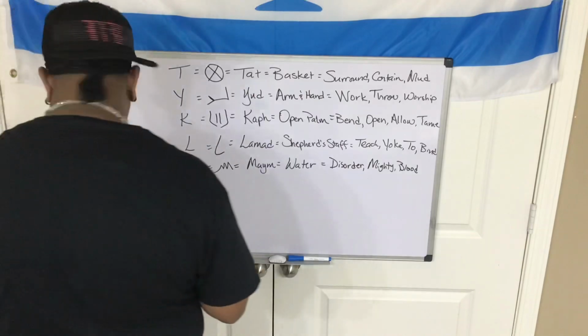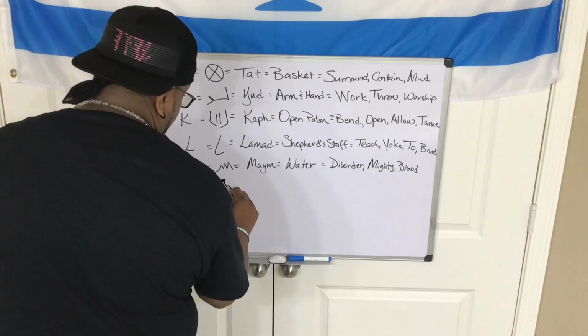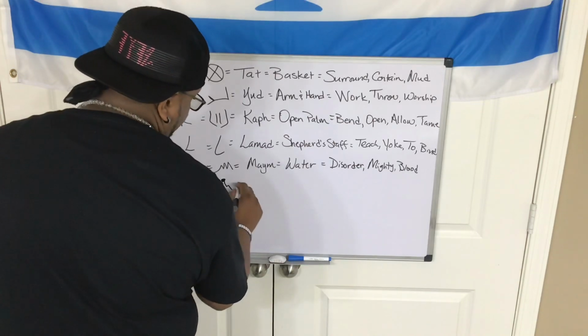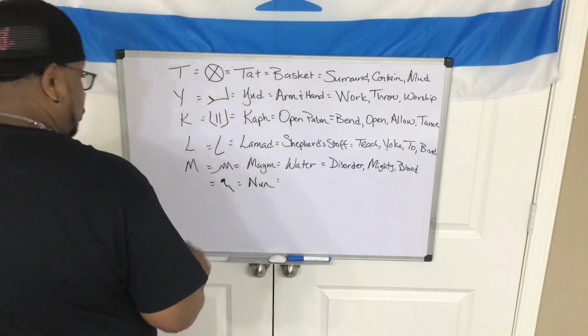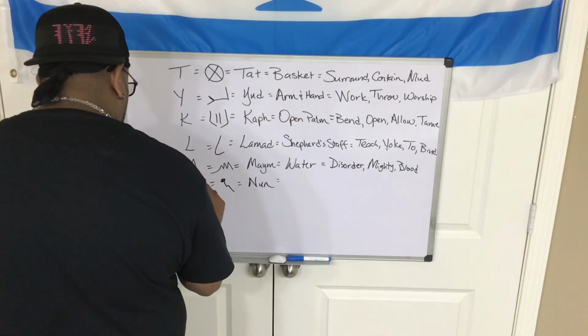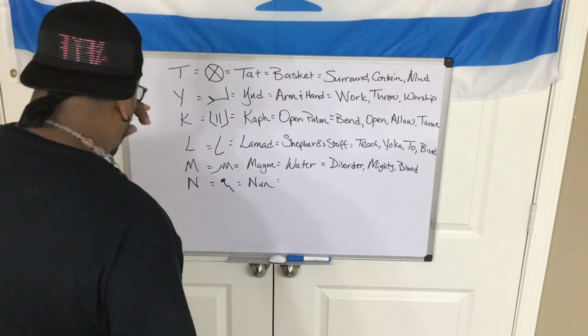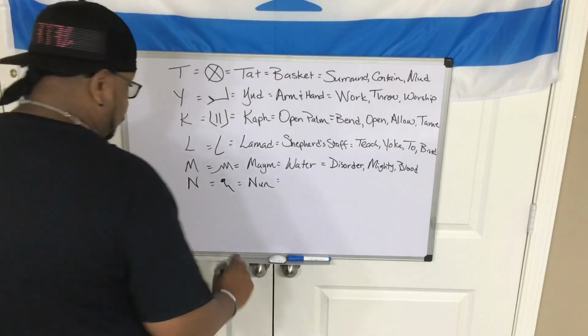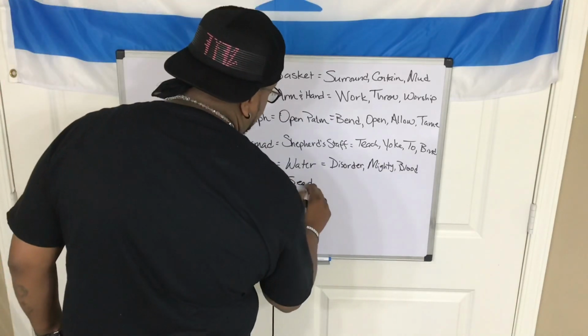The next one we're going to do is the seed. The seed, which represents Nun. Nun, which represents a seed, but it's seen in the pagan English alphabet as N. Like I said, it represents the seed.